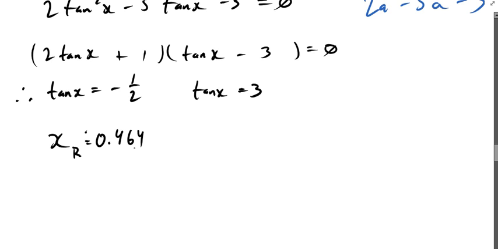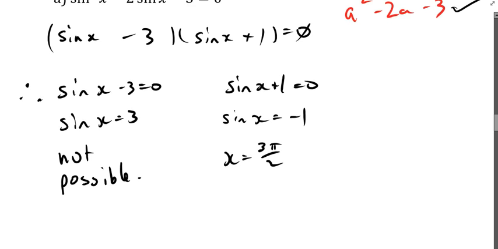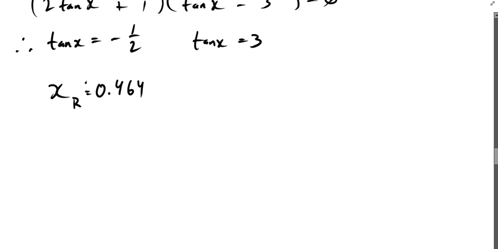I'm going to keep an extra decimal just for now, even though I think it said 2 decimal places. But tan is negative in the second and fourth quadrants. So I'm going to do pi minus that and 2 pi minus that to get the answer.